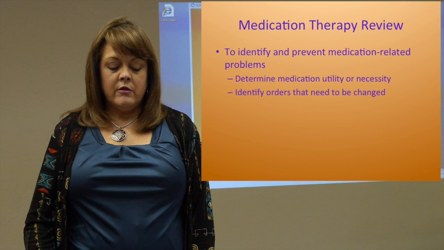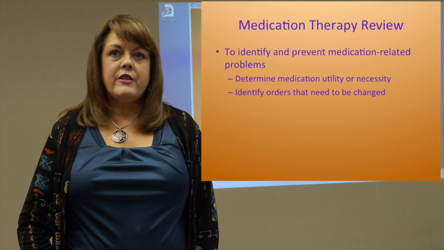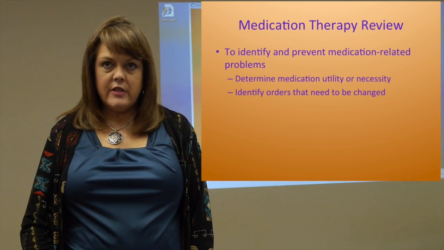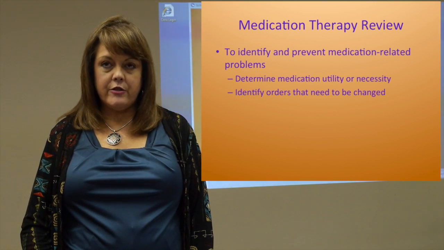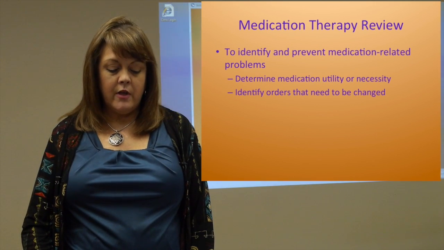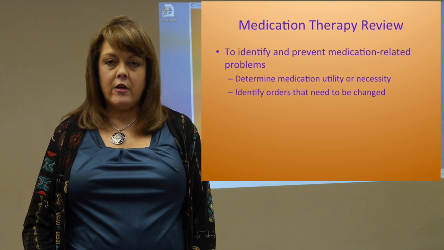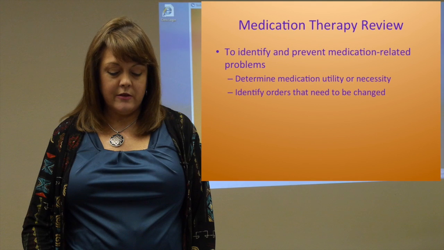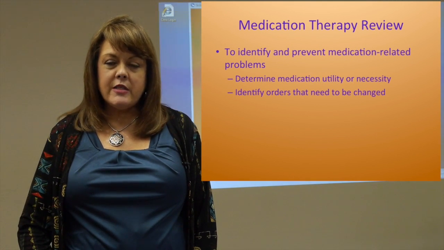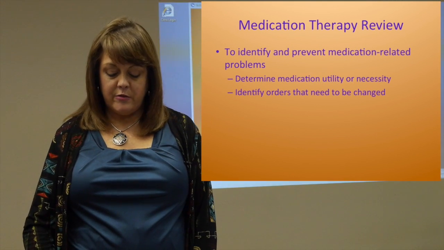So we're going to focus on doing a medication therapy review. This is going to be to identify and prevent medication-related problems. We're going to determine what's called medication utility or necessity. And then we're going to possibly identify orders that need to be changed.